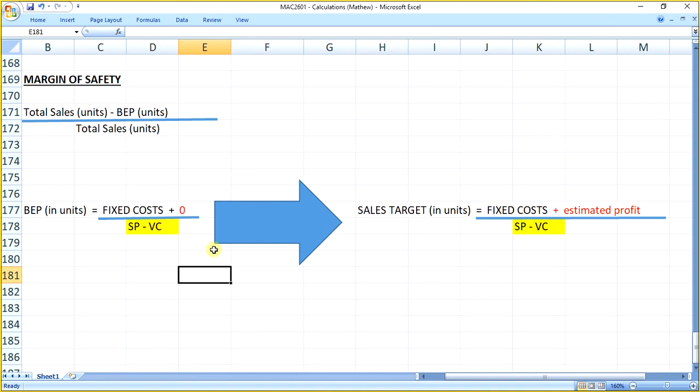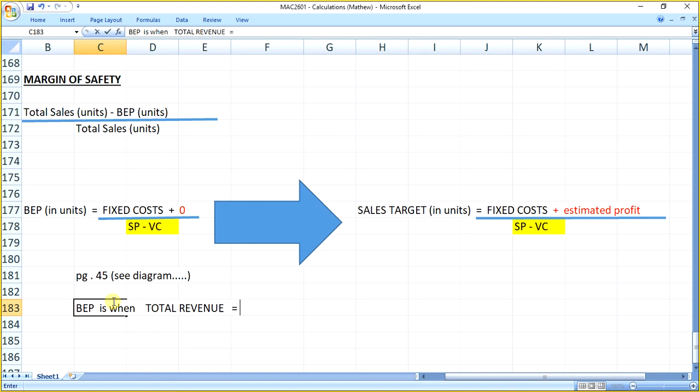Yes, correct. Okay, I see they have given you a diagram showing the break-even point, which is great. Just look at the theory on page 45. That explains what we were talking about earlier in terms of break-even. To summarize, break-even point, BEP, is when total revenue equals total costs.